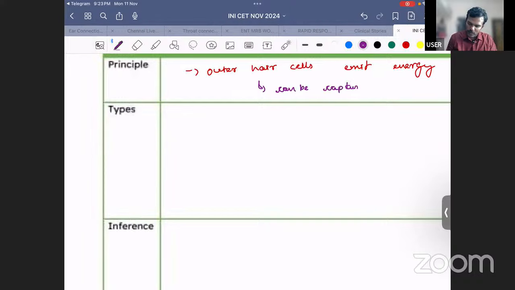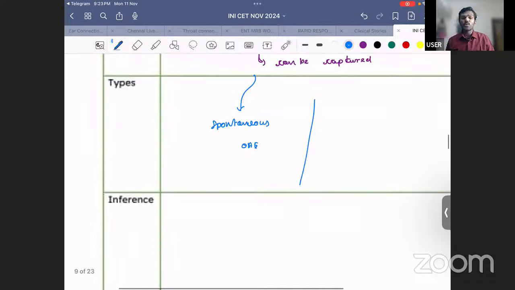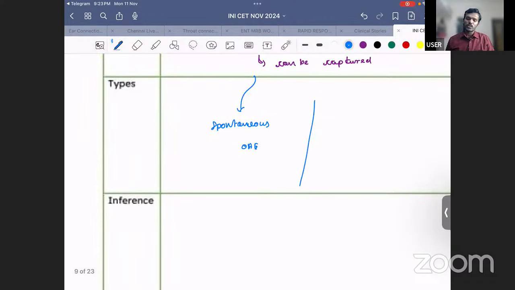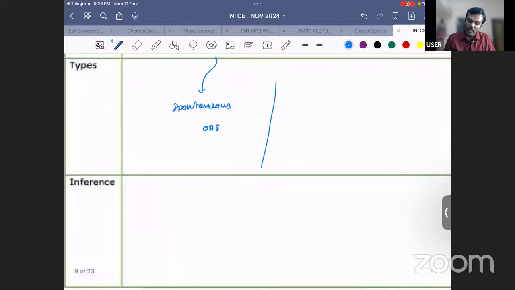Natural capturing of energy released from outer hair cells is called spontaneous OAE. But spontaneous OAE is not present in all individuals. It may be absent in up to 30 to 50% of persons. So how can we use OAE for such babies? In such babies, we could use evoked OAE.